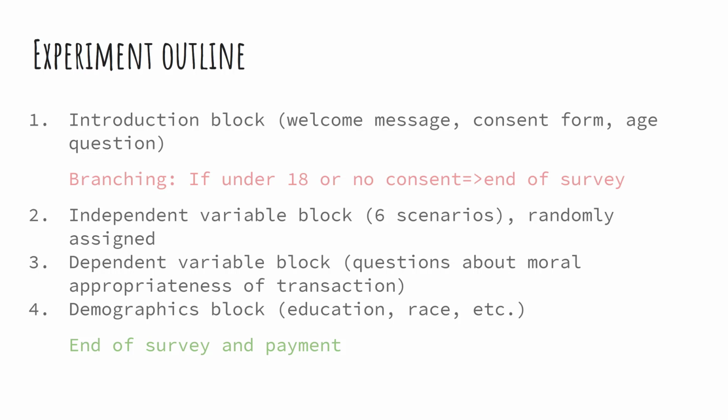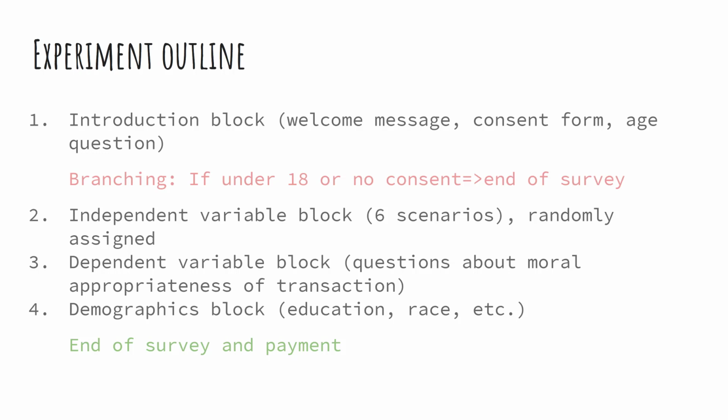Before you start working on Qualtrics, write down the plan of the experiment in a Word or Google document. Make a detailed plan. In our case, the plan of the experiment will look like this: an introduction block that includes a welcome message, consent question, and an age question. This block will be followed by branching.